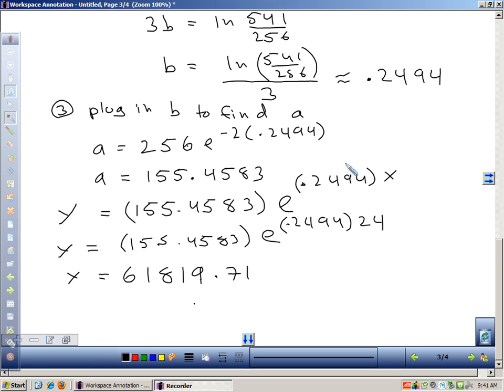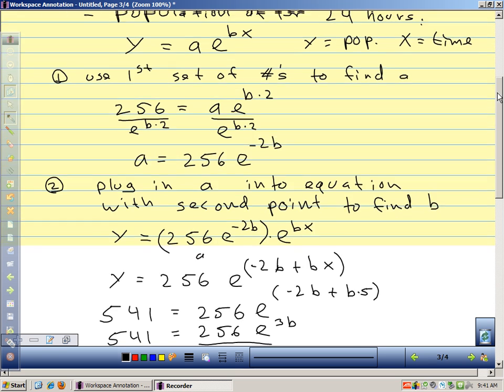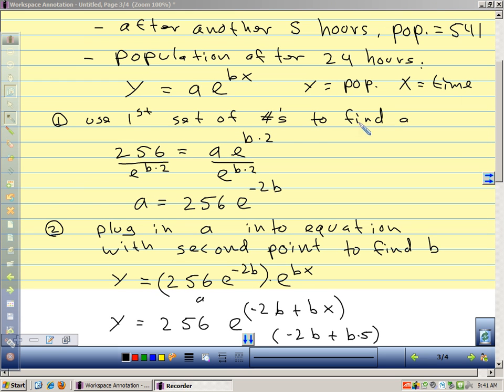Now, thankfully, there's only a couple of these in your homework, like two, where you have to use 2 points to find your exponential equation. And the process is the same. You use the first set of points to find a, plug that back into your original equation, and use the second points to find b to get your equation.